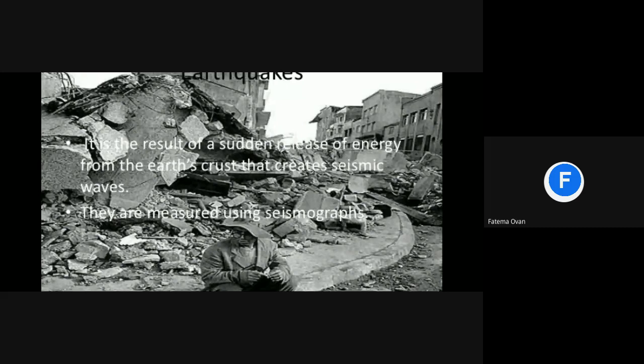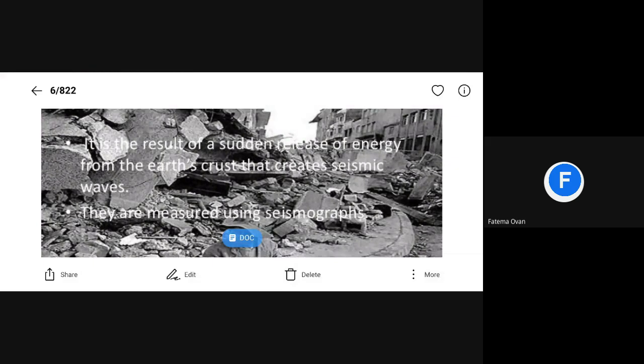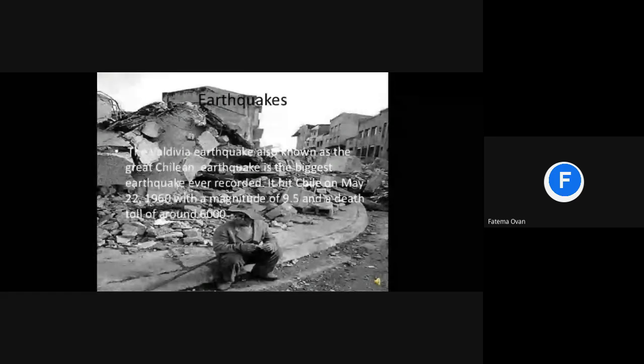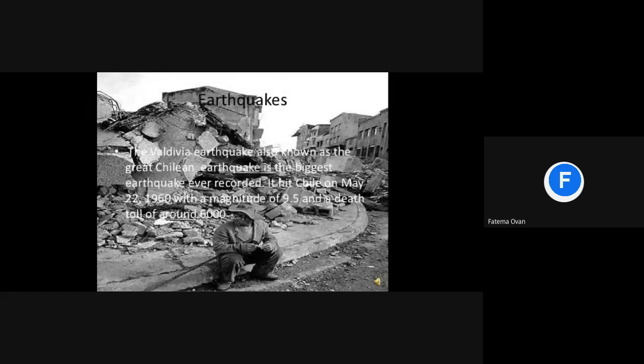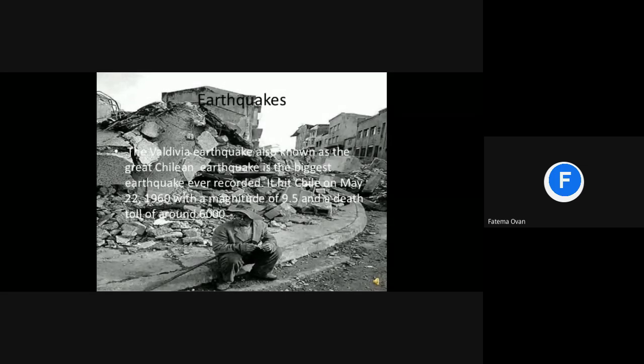They are measured using seismographs. Okay. Next, Fatima.